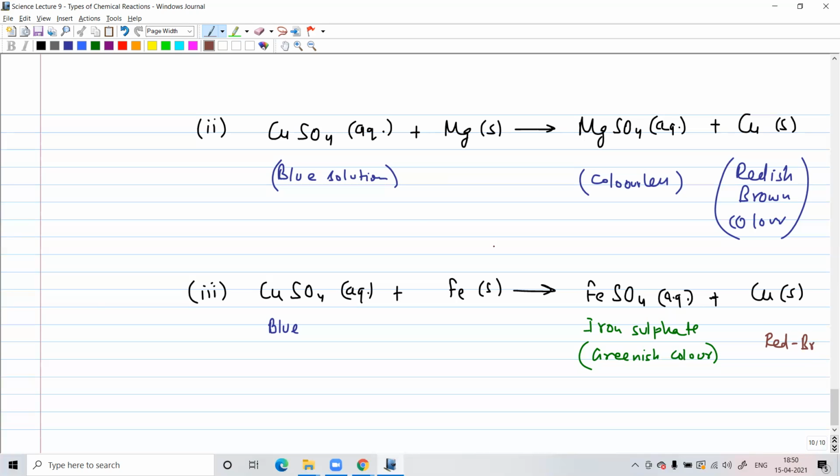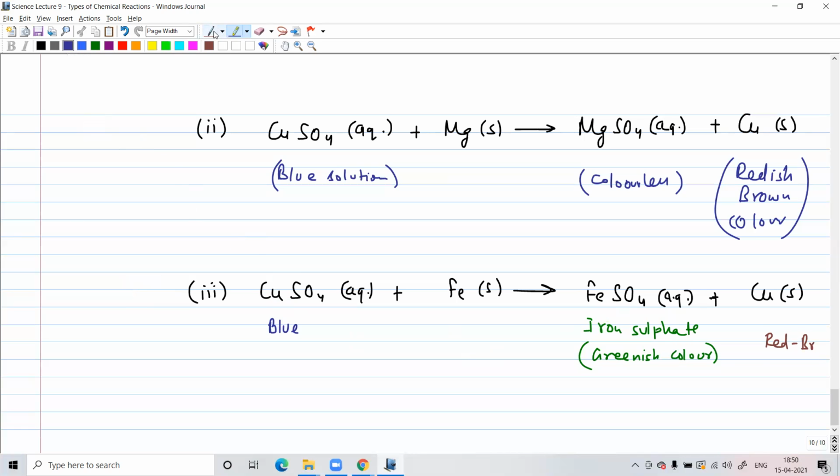But remember, all these colors I'm telling you are very important. Blue solution turning to greenish color. Then you should remember this particular displacement reaction. Try to recall that: blue thing changing to green. I studied a displacement reaction where copper sulfate turned into iron sulfate, and this turned from blue to green.